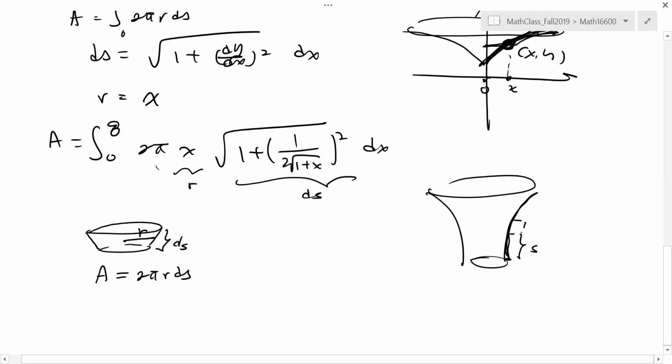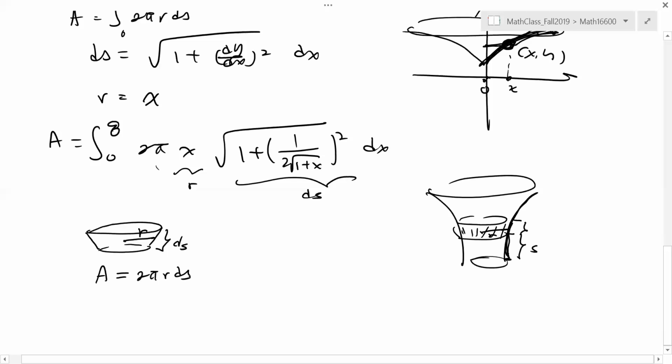From here to here is S. Then you take a small piece ds and cut it. This is the radius, and that part is almost equal to 2 pi R ds. Then integrate, just add them together. That's a rough idea. We don't use a Riemann sum to derive the formula because we skip that part, but that's how we set up the integral.